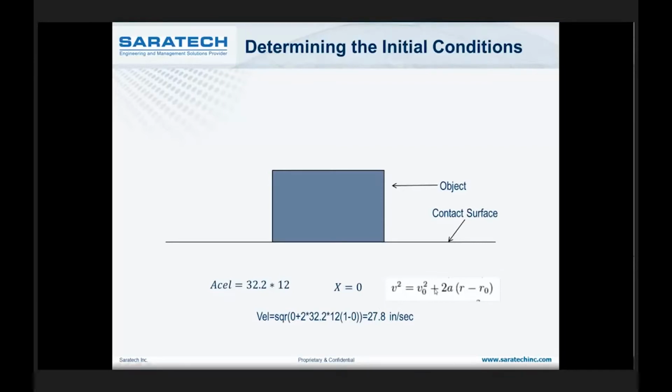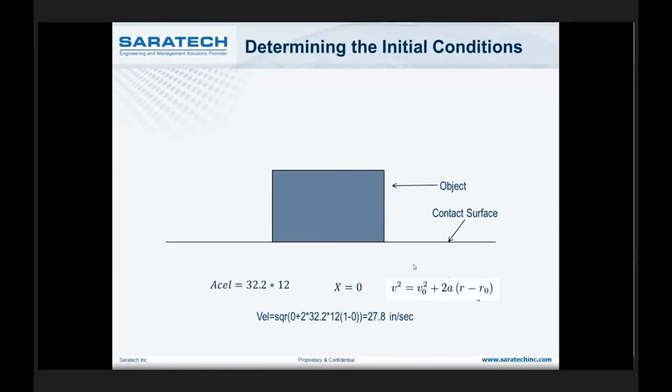Okay, and so the only thing I need is at this point, when it just makes contact, I have a velocity. So I just went and used the basic equations of motion to determine what that velocity at impact would be. And so here's my r value, and I used x over here.